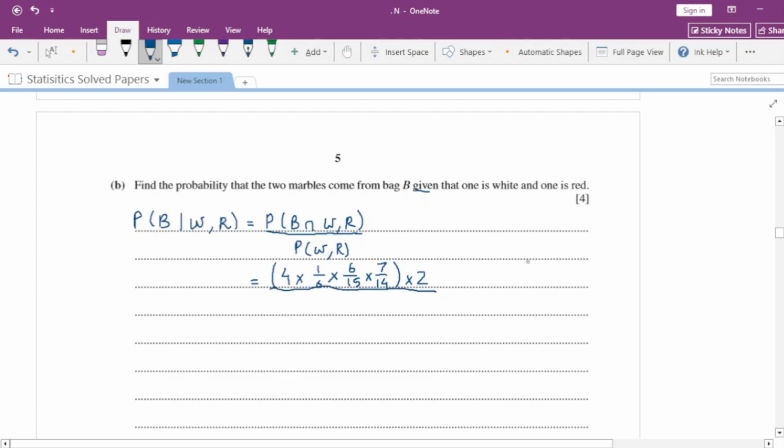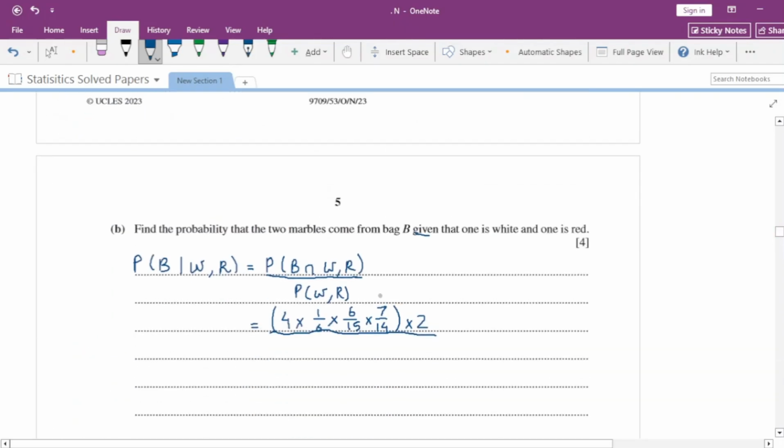Next, let's go over the denominator. We want the probability of one of the marbles being white and the other one being red. We have already dealt with one of the cases, and we can copy the exact same thing over here: 4 into 1 by 6 into 6 over 15 into 7 over 14 into 2, because it also has the same probability in it.